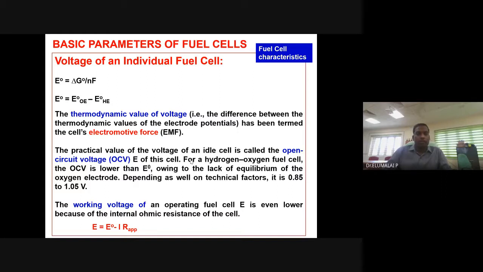Similarly, the working voltage for the fuel cell is E = E0 minus the apparent internal resistance drop. After removing the losses due to electrolyte resistance, electrode and fuel cell resistance, what you get from the theoretical voltage is the working voltage.